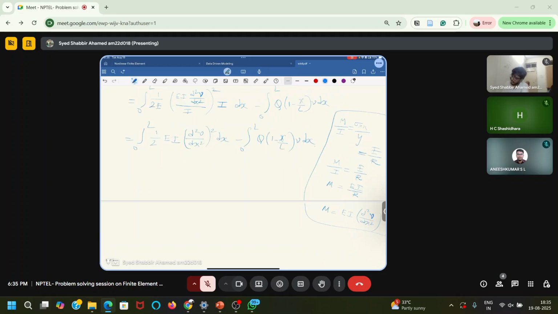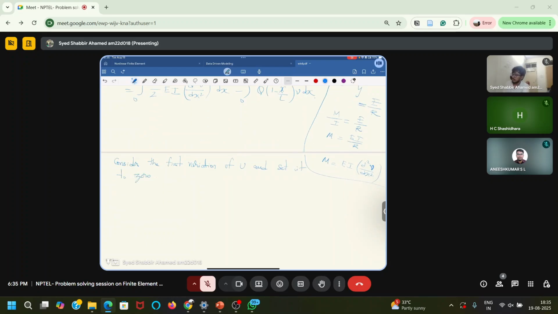So we will consider the first variation of U and set it to 0. So we want delta U equal to 0.